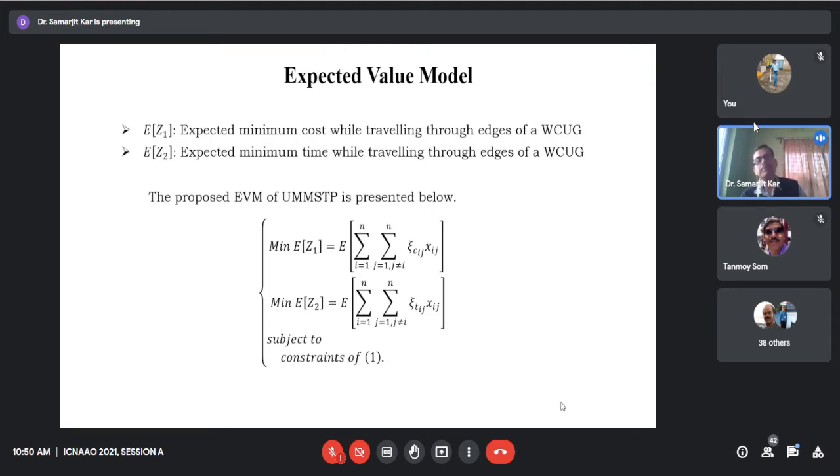Now for the expected value model, we just consider the expected value of the first objective and the expected value of the second objective. And I already showed you the mathematical formula for the expected value of an uncertain variable, so easily we can determine this transformation of the expected value model.